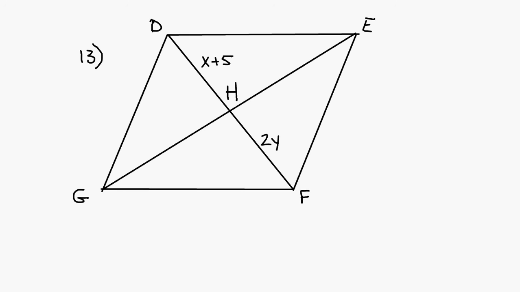G to H is 3x minus 3, and H to E is 5y plus 3. Find the values of x and y. So we need to find x and y. All right, this is a substitution problem.